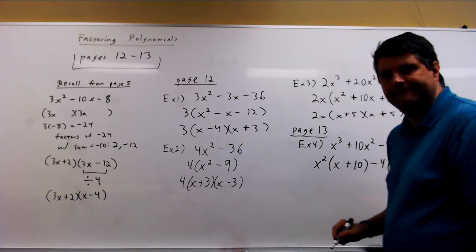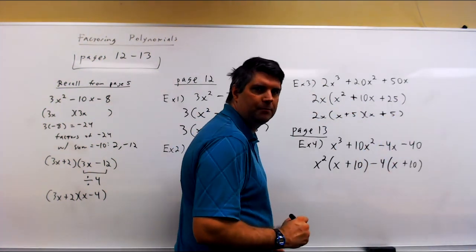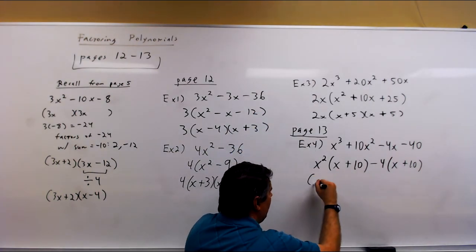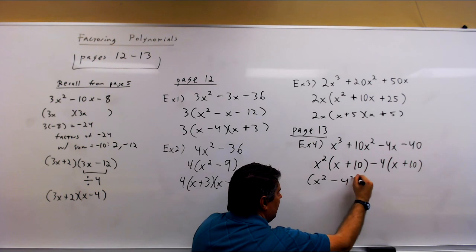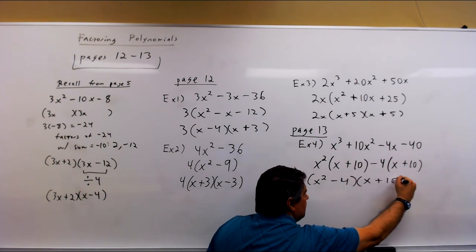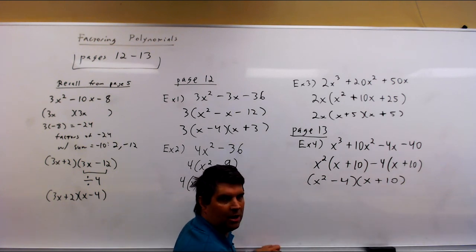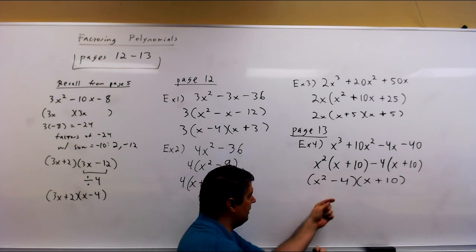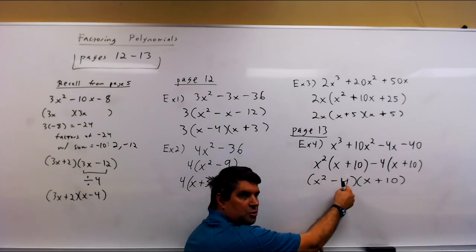So, for these two, I end up with x squared minus 4 and x plus 10. But unlike what we had earlier, we're not done, because that's not prime. That's a difference of squares. It's 2 squared minus 2 squared.